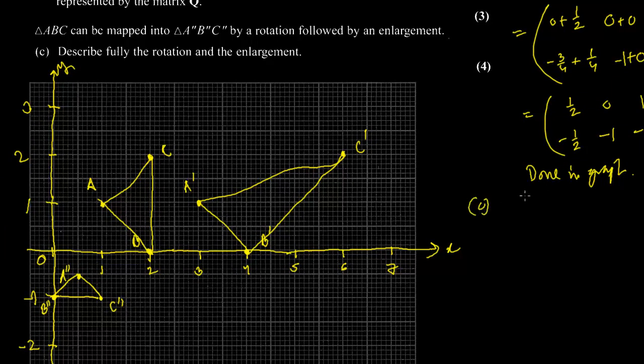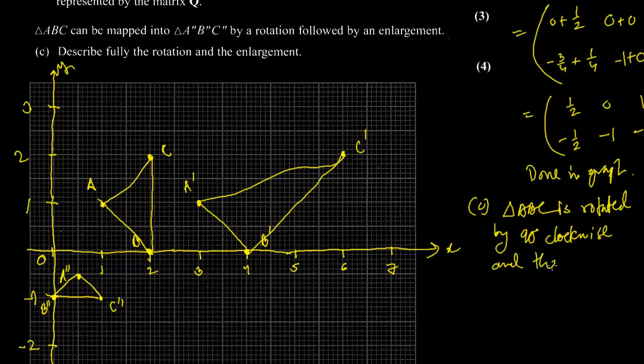Question C: triangle ABC is rotated by 90-degree clockwise, and then there is an enlargement of scale factor half.